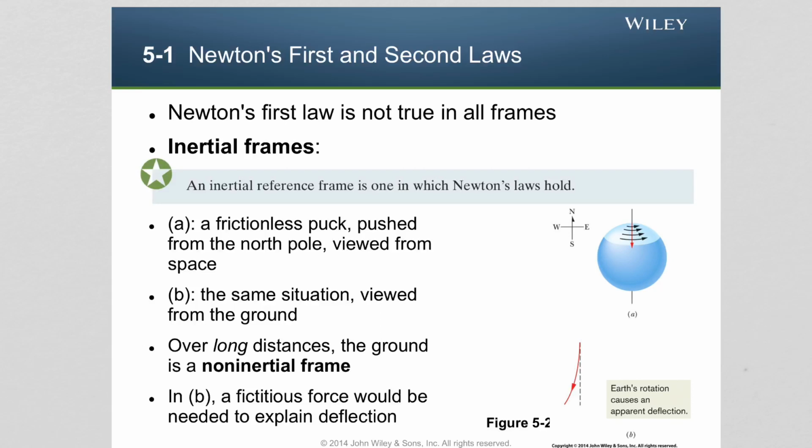So, the term inertial, or inertia, is very important in understanding Newton's first law. Inertia is a quality of objects that cannot be measured. However, it is related to the mass of objects, and mass is a physical quantity that can be measured.